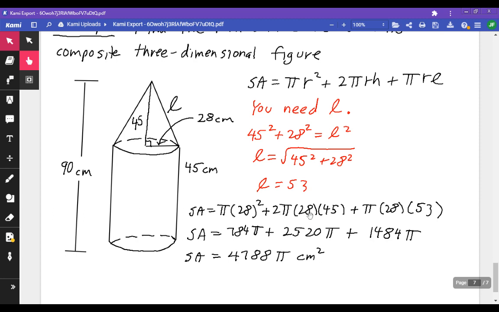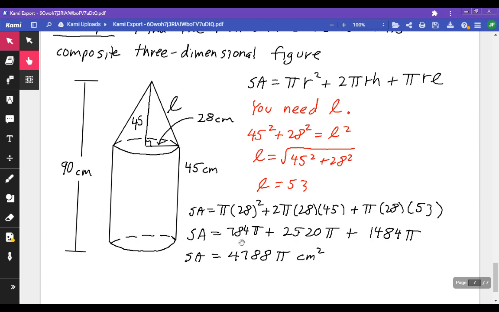Now we'll do the cylinder body. So 2 pi radius times height, 2 pi rh. That's for the lateral area of the cylinder there. And then the lateral area of the cone is pi times radius times slant height. So that's pi times radius, which is 28, times slant height, which is 53. We just calculated that. And do the math then.